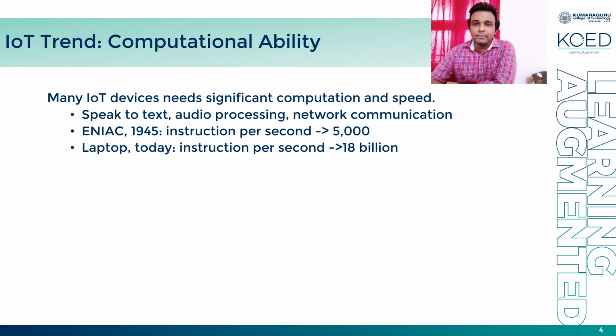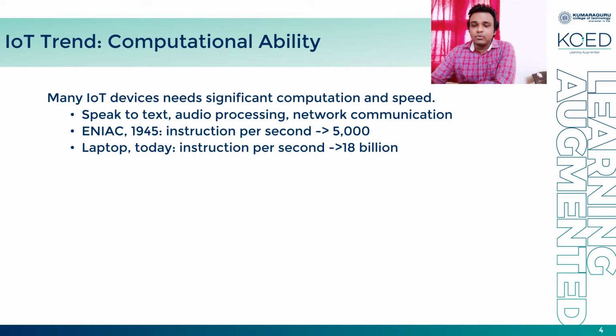Next we see the computational ability. When you speak about computational ability, a lot of factors come into play. Certain PCs will process audio signals, and certain PCs will process video. A lot of computational speed has been gained, and the speed of computation is getting higher year by year.